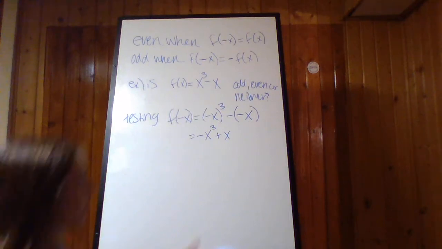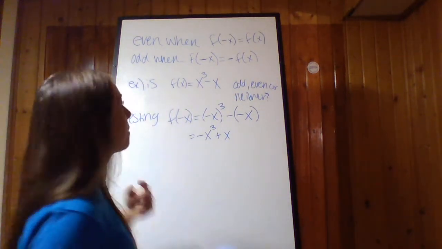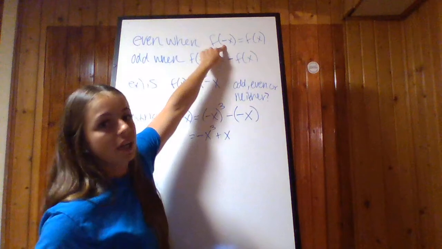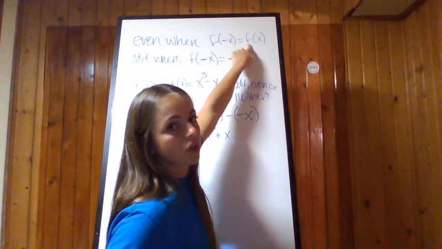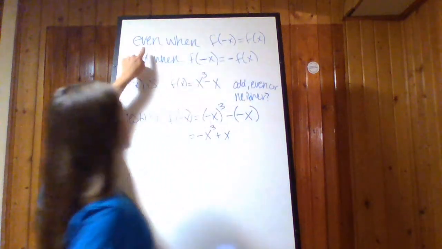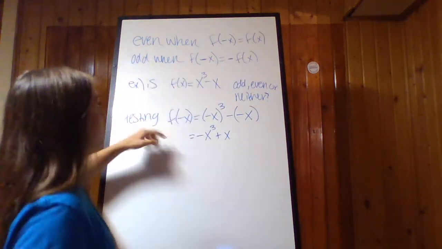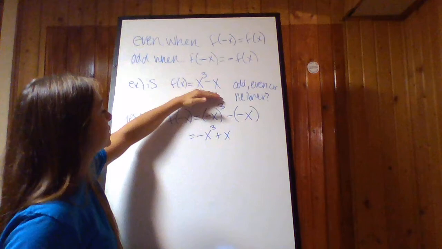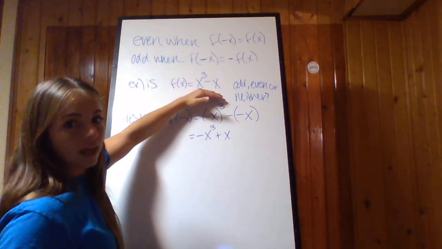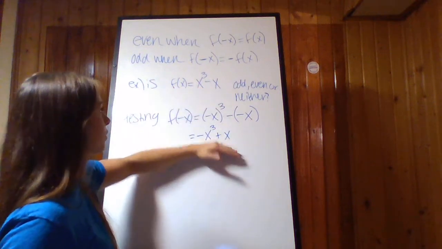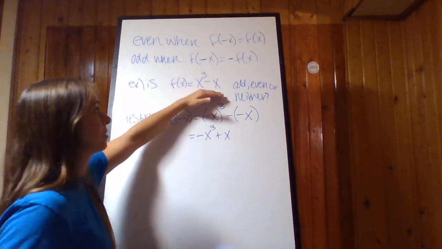So my first test: if my function, when I put in a negative x, came out to be my exact identical function, then it's even. Okay, so the function I put in was, right, I had to put a negative, but the original function was x cubed minus x.